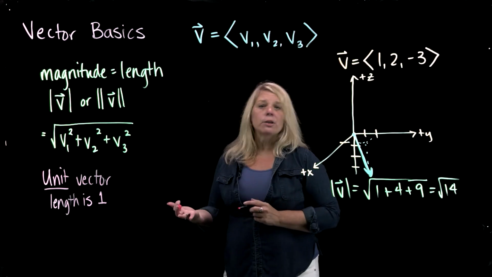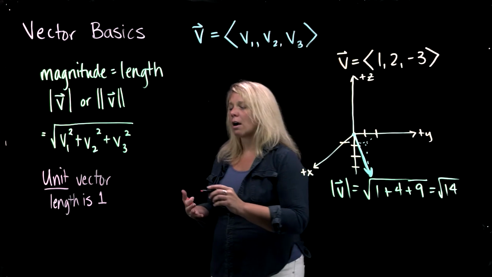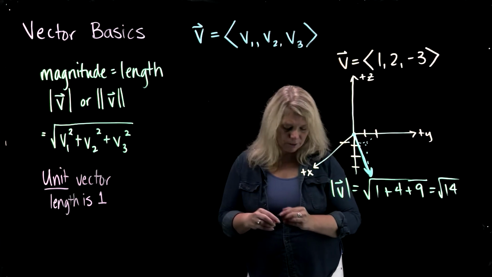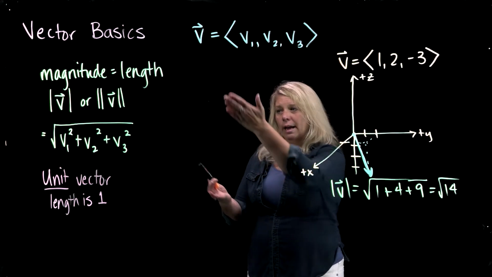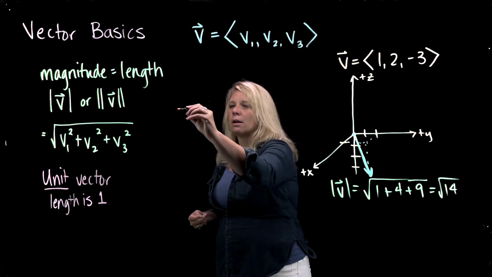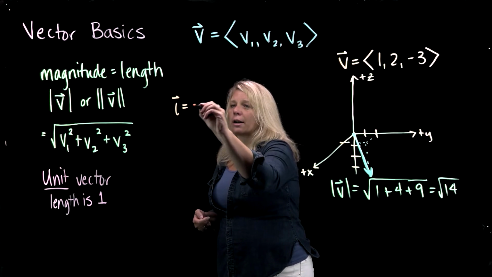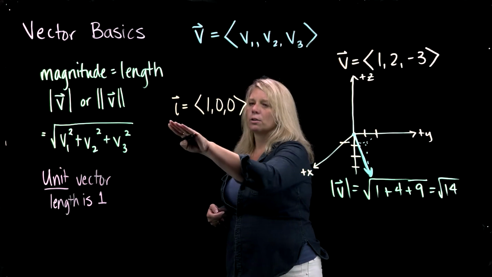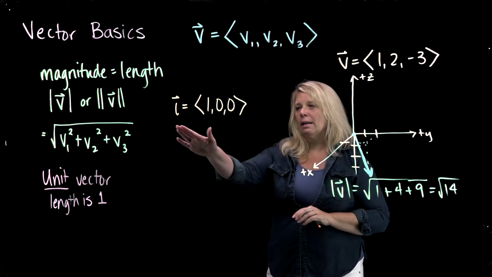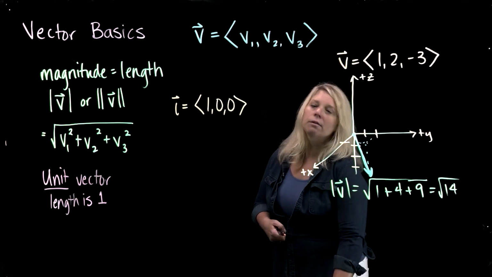We have 3 special unit vectors that are called the standard basis vectors for R3. And you don't need to necessarily know all of that, but you do need to recognize these symbols that I'm going to write here. So these are all unit vectors, and they are very specific unit vectors. So one of them is called i, and it is the vector 1, 0, 0.